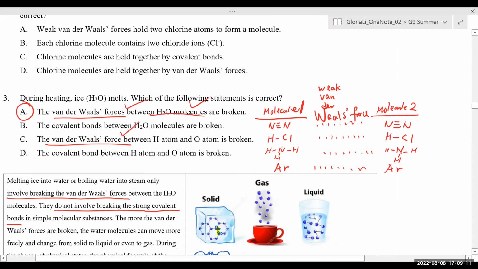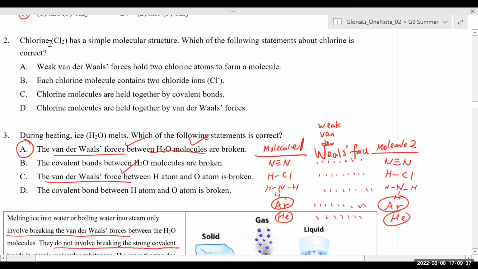So argon is called an atom. At the same time, argon can also be called a molecule. Both will be correct. So a similar idea can be applied to helium. Okay, so helium atom or helium molecule with a weak van der Waals force. So these are all the other examples of substance with simple molecular structure.